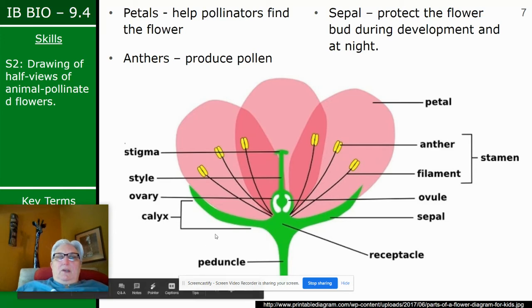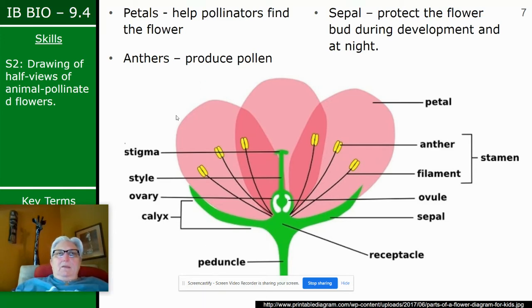Here's just another look. And I've made up a study guide for you that has all of these parts of the flower and what each structure does, and that would be something that you should definitely take a look at.